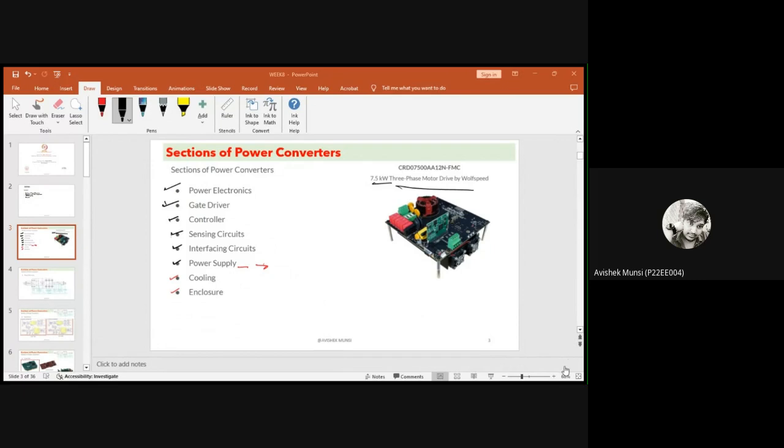If you have any doubt, you can ask. And we will move step by step into the converter design.